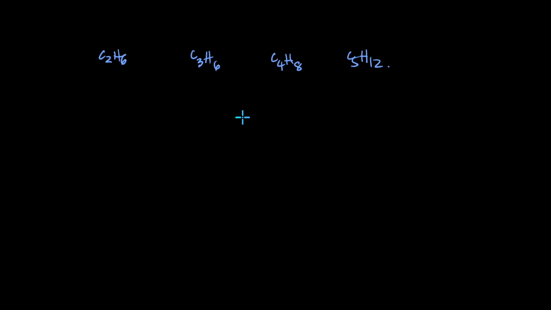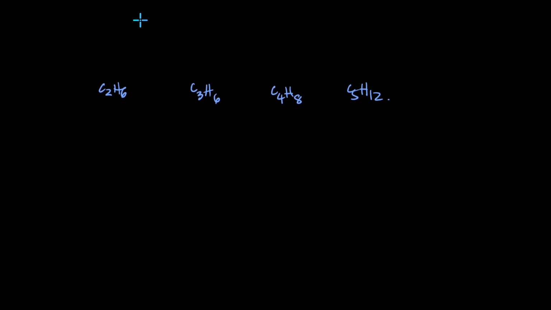Well, we talked about an alkane having a general formula CnH2n+2. What I want you to focus on is, what does it mean to be 2n+2? It simply means that there are 2 extra hydrogens other than twice as many carbons. So 2n+2, 2n+2.